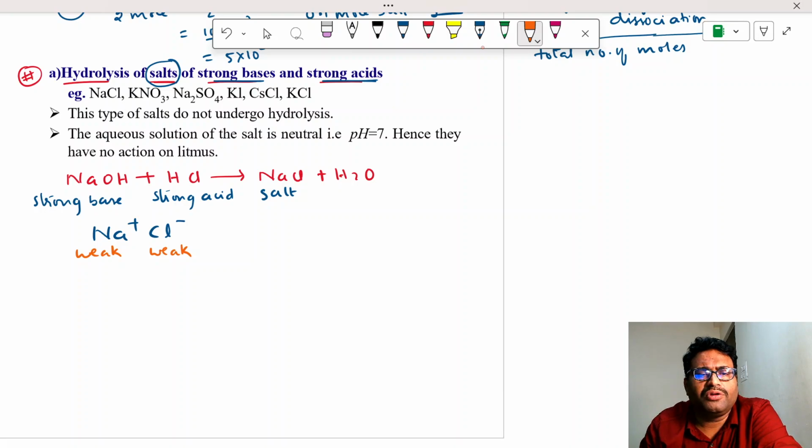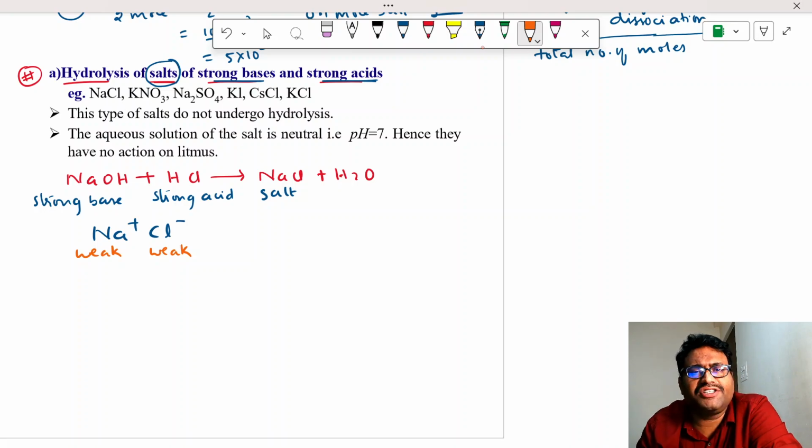Now let us take Na+. It is highly stable. It has an octet configuration. Cl- also has an octet configuration and is highly stable. As they are stable, they don't react. Are they unstable?